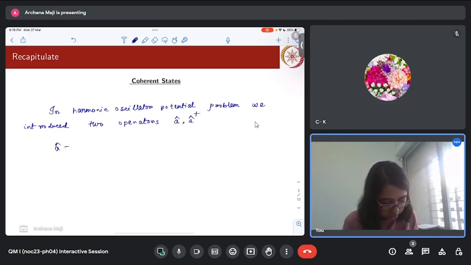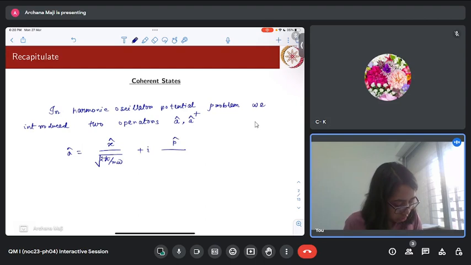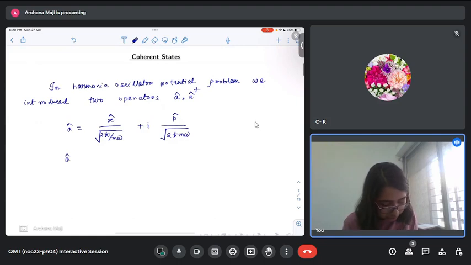Where A is x over square root of 2ħ over mω, plus i p over square root of 2ħmω, and A dagger is the same with minus i.